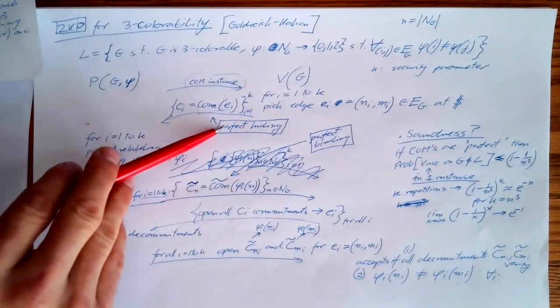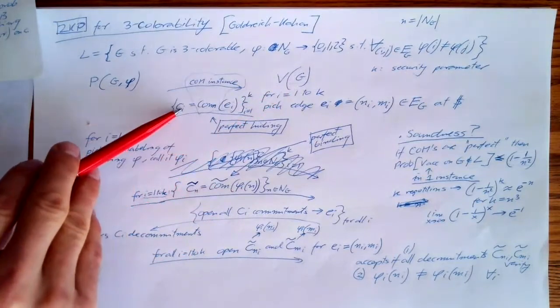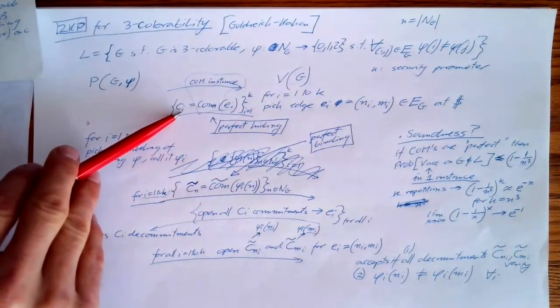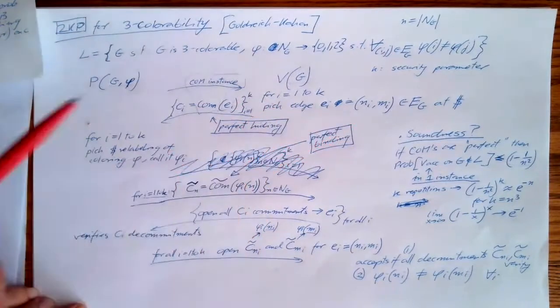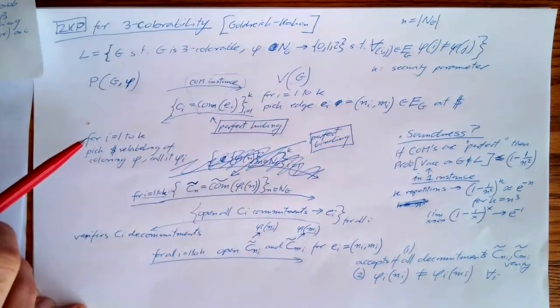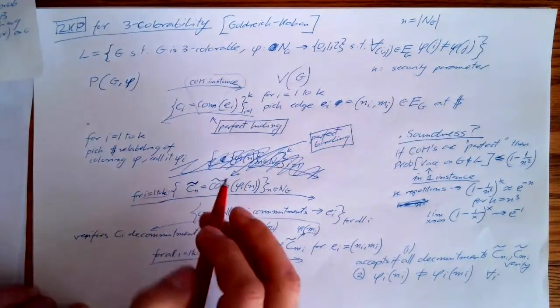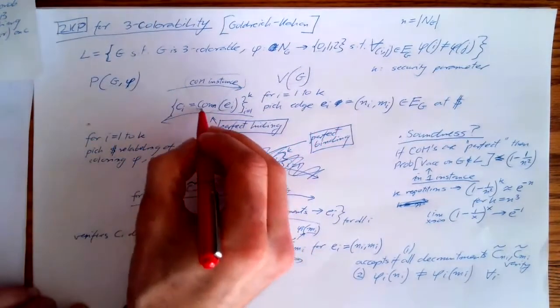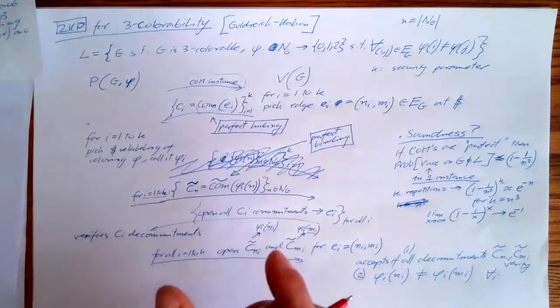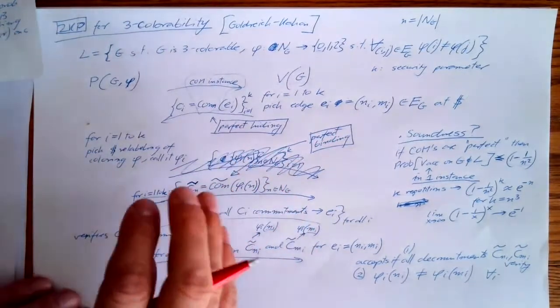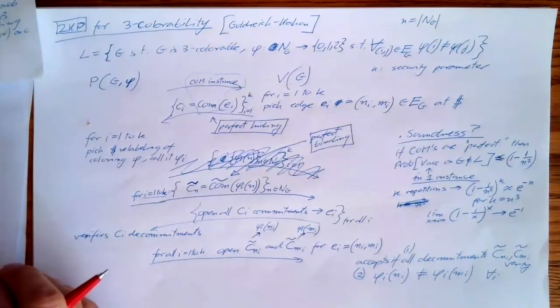But no, because they were perfectly hiding. So this is information theoretic independent of the edge that the verifier really is going to pick. That's why both of these properties imply what we want.